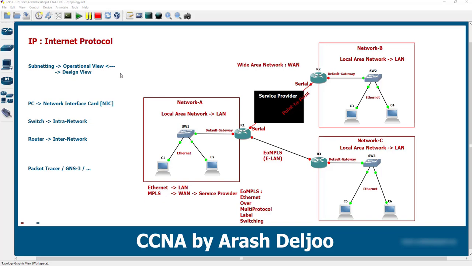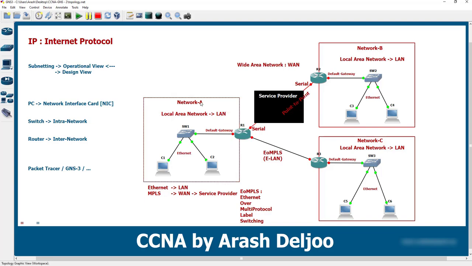We need to design or assign IP addressing or subnetting for this network operationally, and because of that, you need to see the conditions that you have in your network. For example, you know that in LANs, meaning local area networks, in almost all cases we have many computers, many PCs.